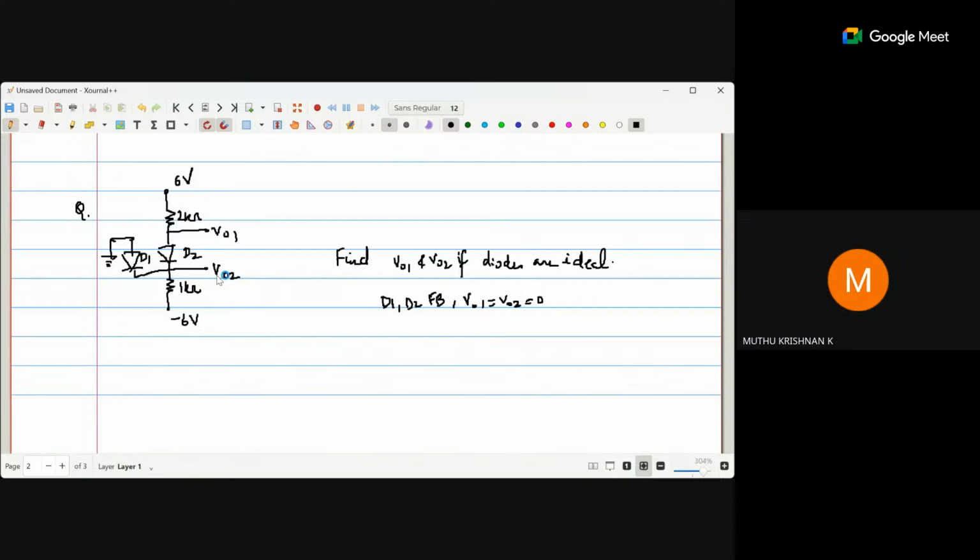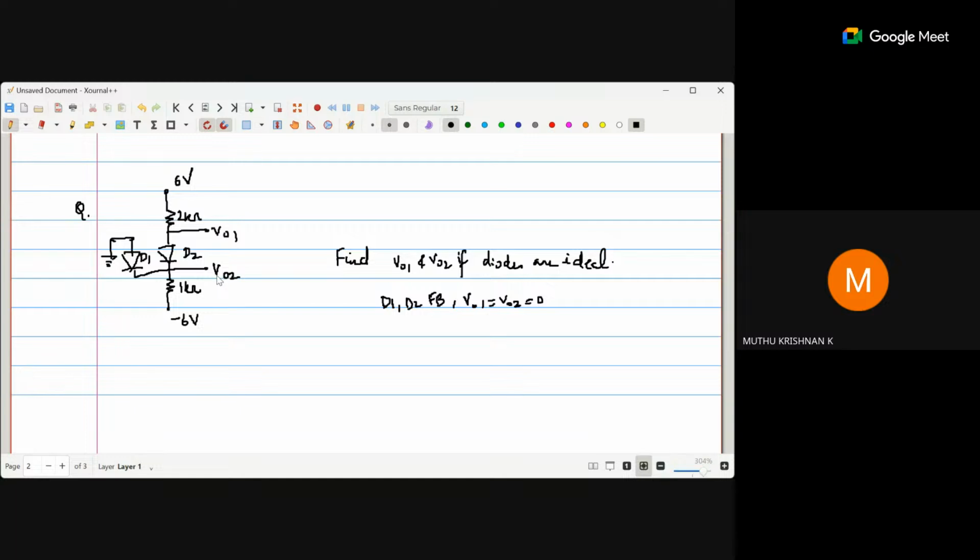Because if we just see the left branch, that is D1, then 0 will be there, right? Above 1 kilo ohm. How? Yes, ma'am. Because D1 positive side is connected to ground. Okay.